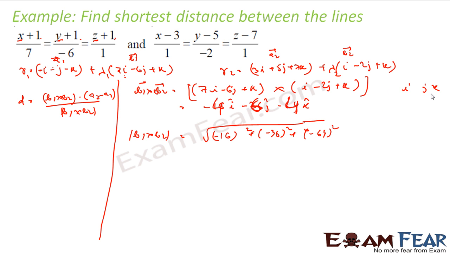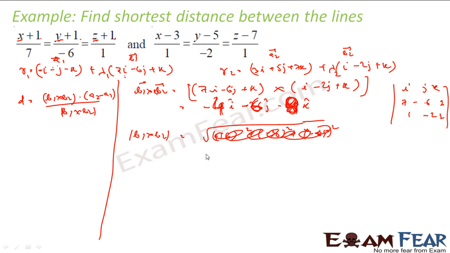So let's solve this: i j k, 7 minus 6 1, 1 minus 2 1. i into minus 6 plus 2, minus j into 7 minus 1, k into minus 14 plus 6, right? Minus 14 plus 6, that is minus 8. So this will be the value actually. We got it. So b1 cross b2 will be minus 4i minus 6j minus 8k.